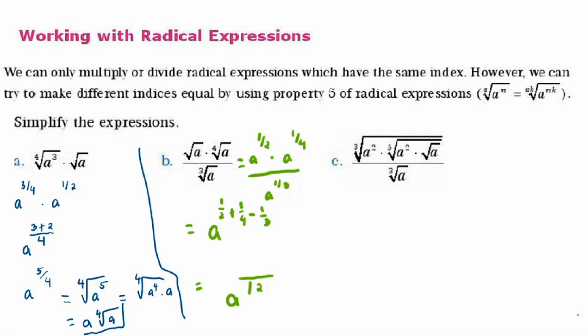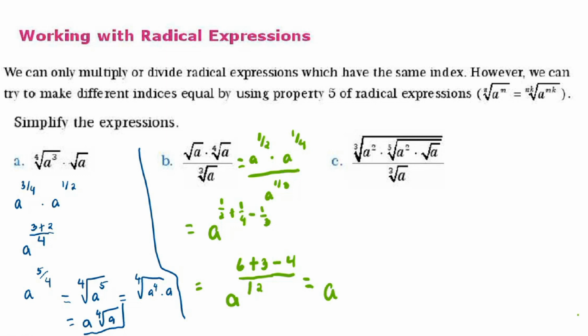So 12 divided by 2 is 6 times 1. We have 6 plus 12 divided by 4 is 3 times 1 is 3, minus 12 divided by 3 is 4 times 1 is 4. So we are going now to simplify the exponents. We have a to the power of 6 plus 3 is 9 minus 4 is 5.